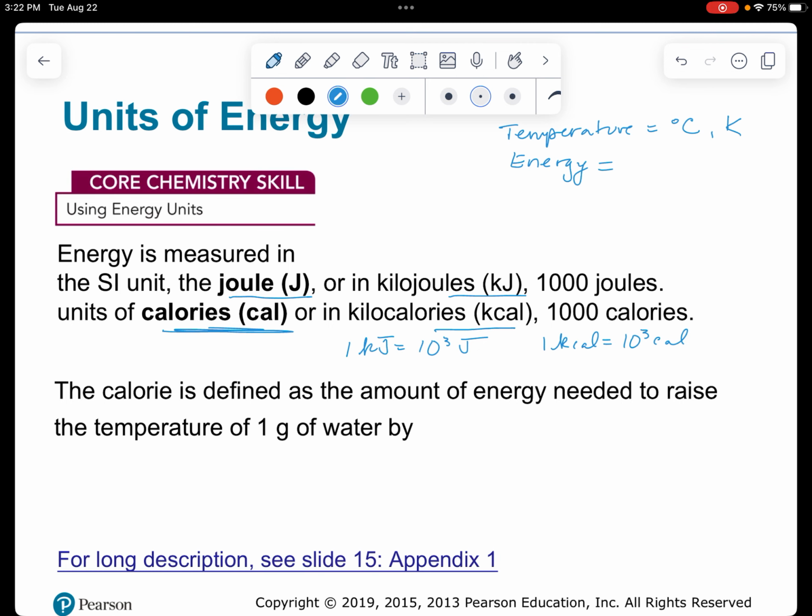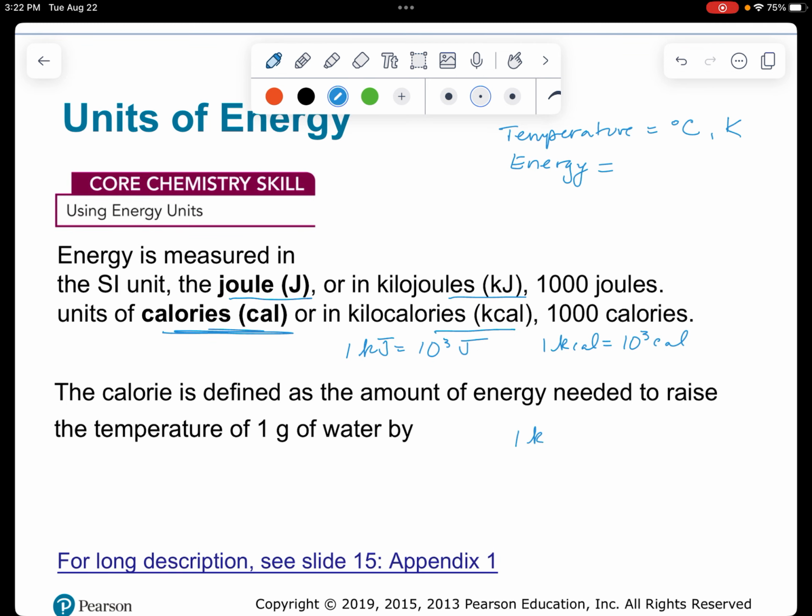It's worth noting that 1 kcal is often written as 1 capital C Calorie on food labels. So when you see something that says it's 100 calories on a food package, it's actually 100,000 calories.